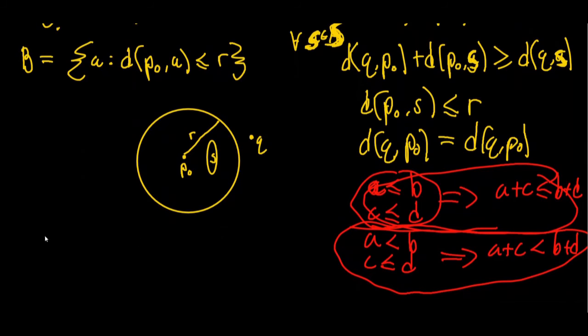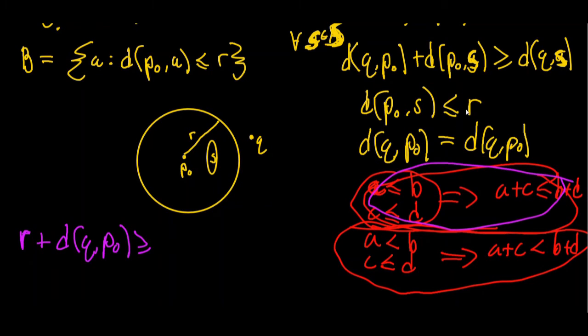Okay, we can say the following statement, which I'll write over here in purple. We can say that R, just that number, which is the radius of our closed ball here, plus the distance between Q and P naught, is greater than or equal to, by directly applying this property that I've circled here in purple, because R is greater than or equal to the distance between P naught and S, and the distance between Q and P naught is equal to the distance between Q and P naught.